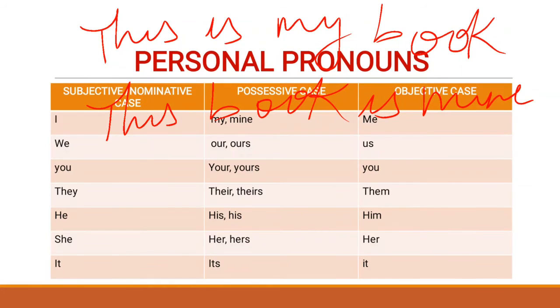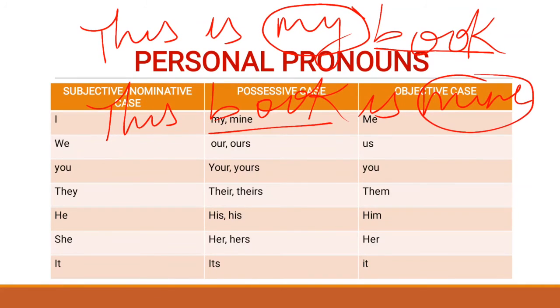But when we look carefully, we will notice that in first sentence, the noun book is used after possessive case my. And in second, the noun is used before possessive case mine.